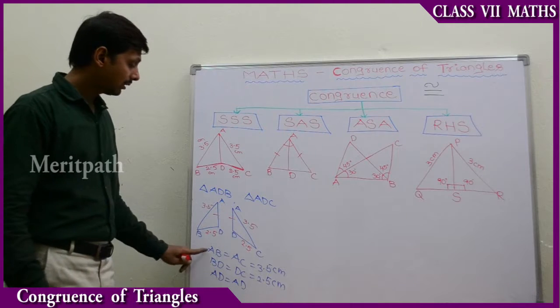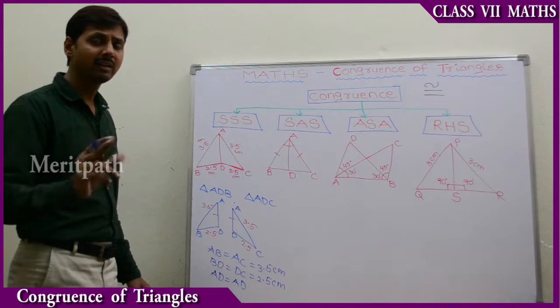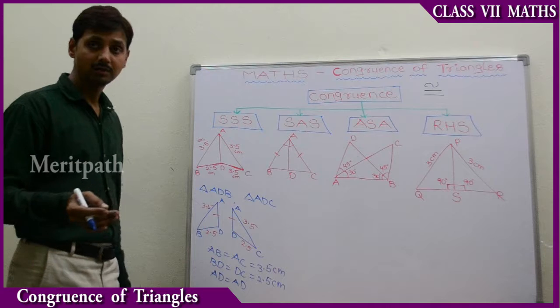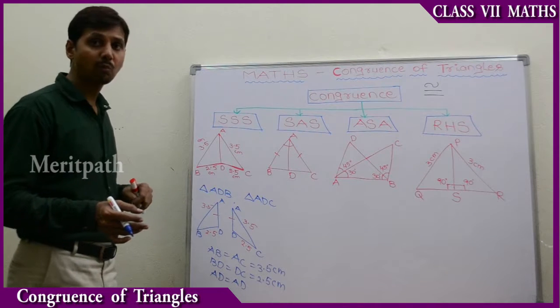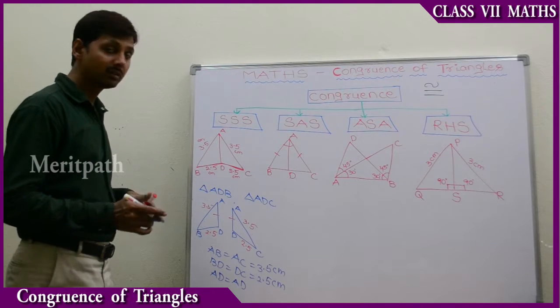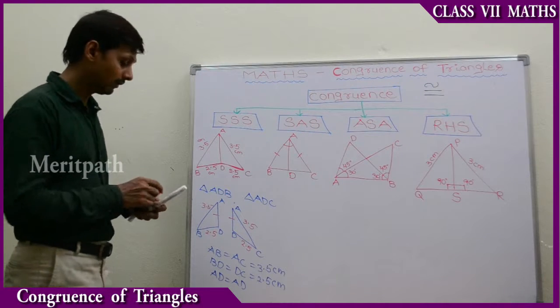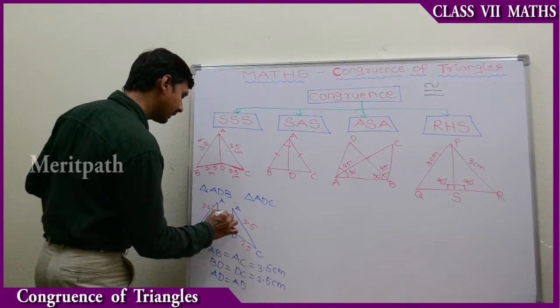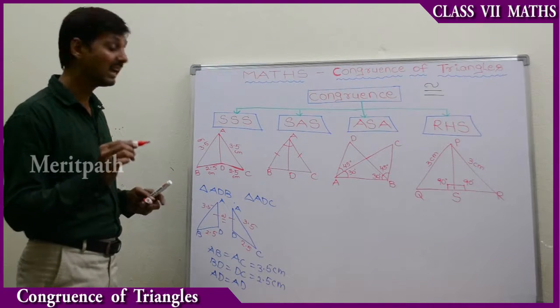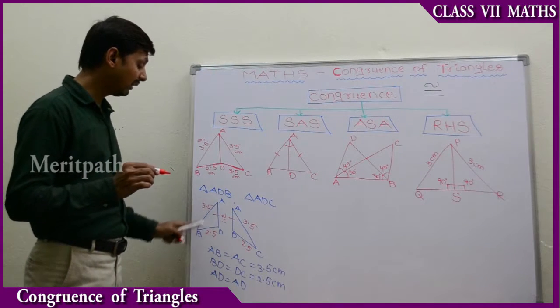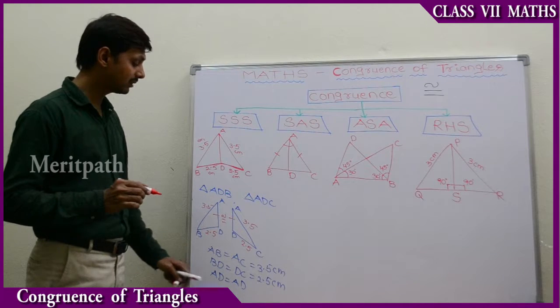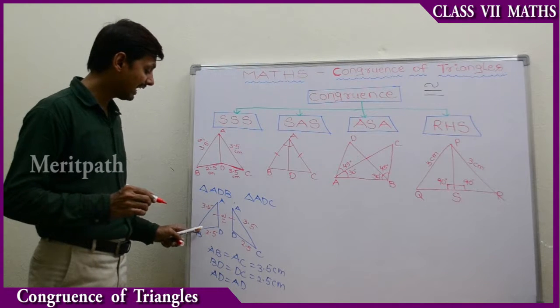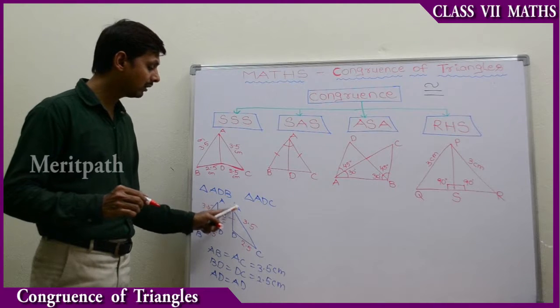We observe that the three sides are equal, one to the other. So by the triplets criterion rule, these both are congruent to each other. Triangle ABD is congruent to triangle ACD.